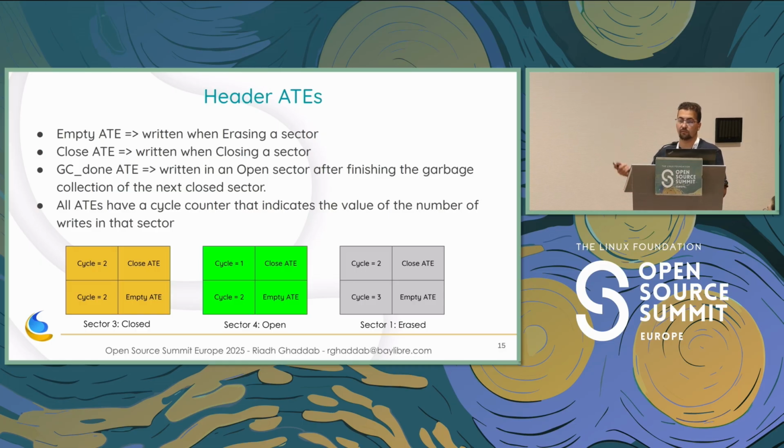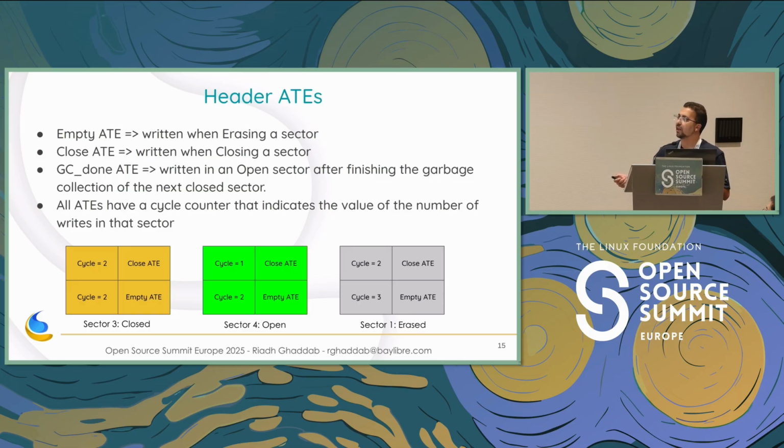If we have sector cycle 2, it means we wrapped around 2 times. If it has 100, it means we wrapped around 100 times. The simplest to understand is the closed ATE. A closed sector has the same cycle counter value in the empty ATE and the closed ATE. That's how we represent a closed sector.